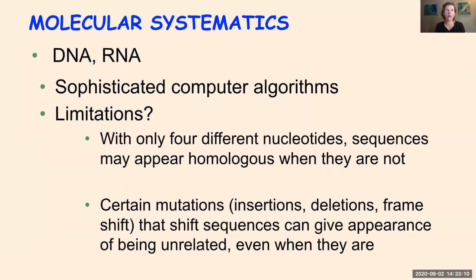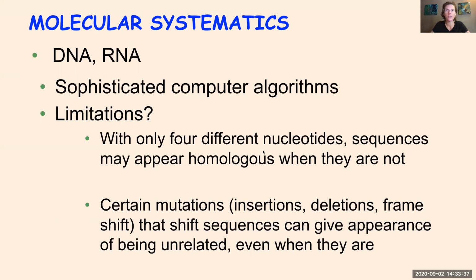So DNA and RNA, those are both nucleic acids, and by sequencing the DNA, the genome of organisms, and then putting it into the computer and having the computer figure out how similar those DNA strands are among different species, phylogenetic trees are automatically generated using computer algorithms.